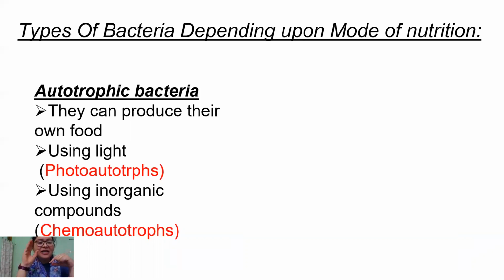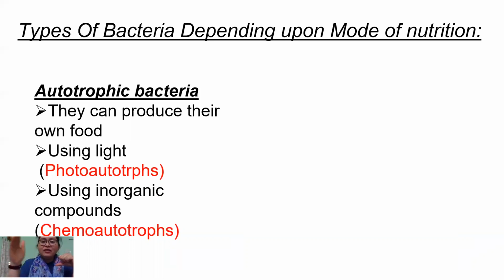So the autotrophic bacteria can produce their own food. Autotrophic bacteria are of 2 types: photoautotrophs and chemoautotrophs. Photoautotrophs prepare their own food using light energy, hence they are called photoautotrophs. Chemoautotrophs prepare their own food using inorganic compounds, hence they are called chemoautotrophs.